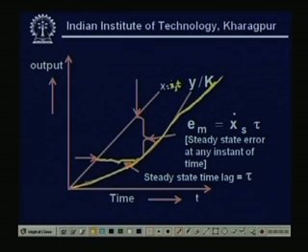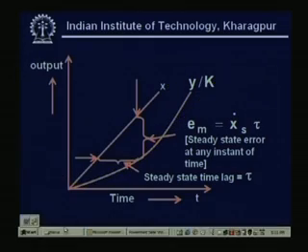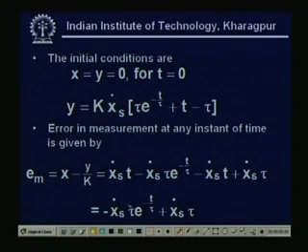Initially, time lag is very small, but as the time grows, we have a steady state time lag, which is tau. And at the initial stage, steady state error is very small. Why? If I go back to the previous slide, you see here we have a negative term.